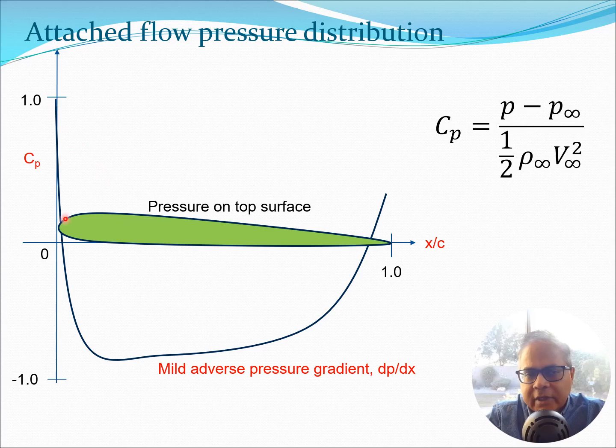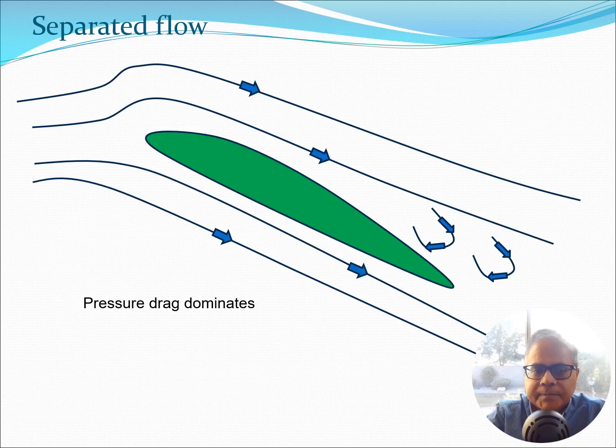Now this diagram I have drawn here is of course of pressure on the top surface of the airfoil section. Next let's consider the separated flow situation. Here we have the airfoil section and now the angle with respect to the flow is much larger.